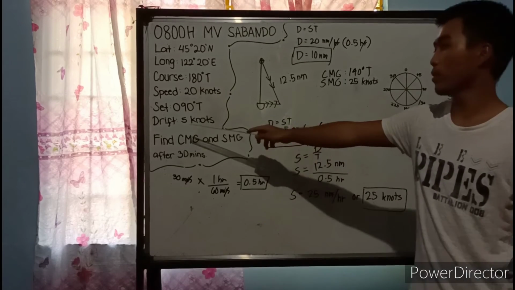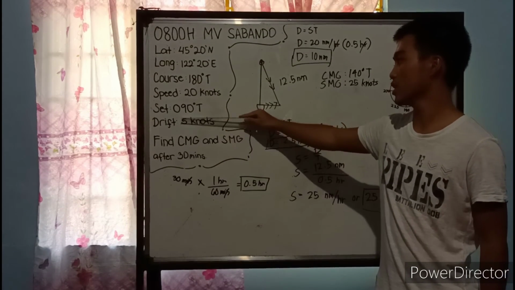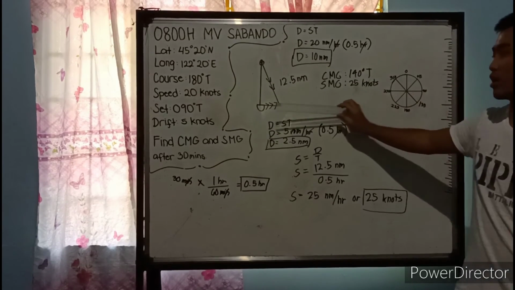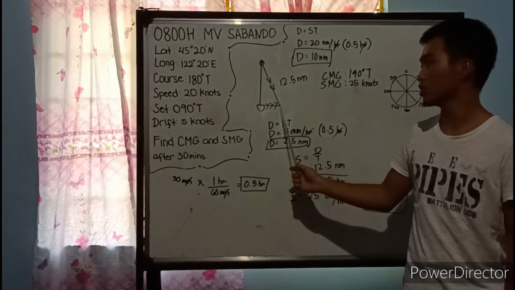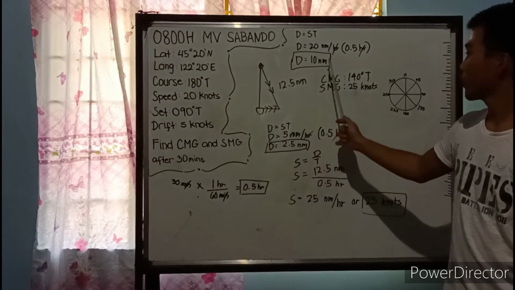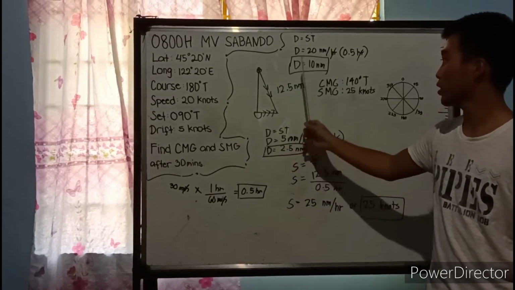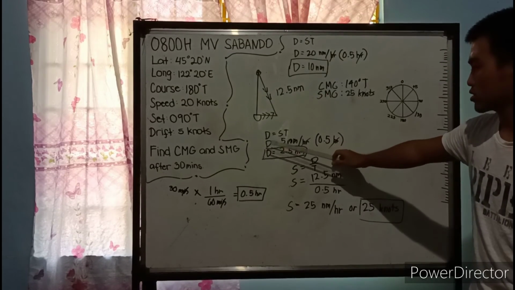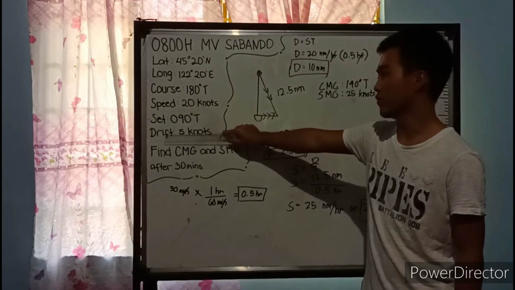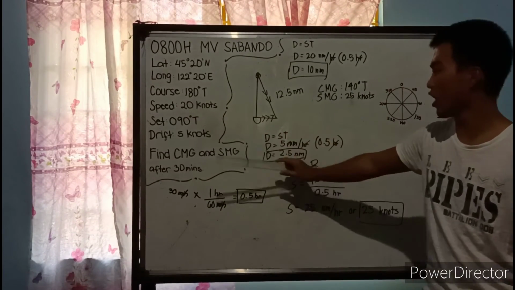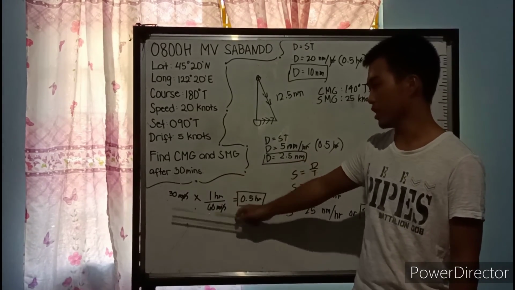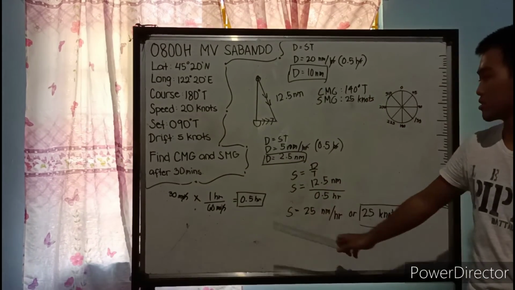Next, we're going to apply the set and drift. So the set is 090 degrees, then we will drag this here. So this is 090 degrees. Then to find the distance of this, we're going to use again the formula of distance, speed, time. So the 5 knots, this is the drift, the speed of the current, multiplied by time, still 30 minutes, or 0.5 hours.